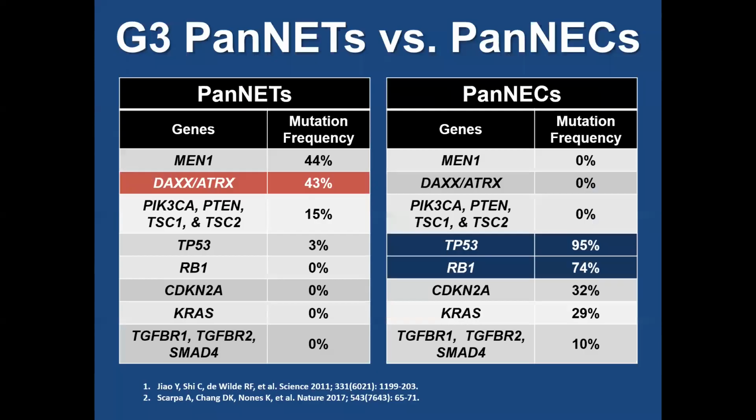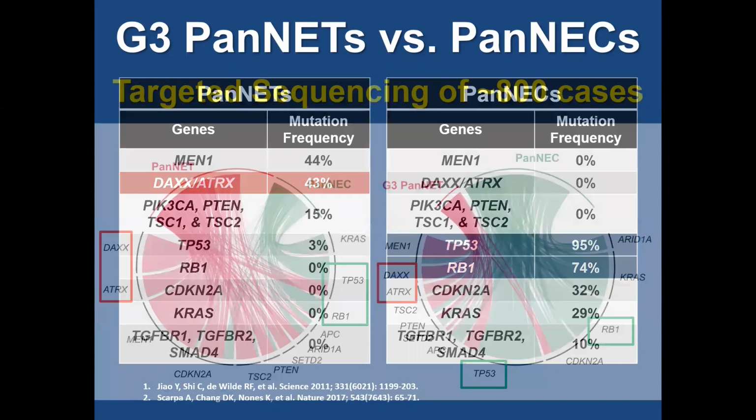The basis for the immunostains DAXX, ATRX, P53, and RB is from whole exome and whole genome sequencing results, where distinct genomic alterations were found in both neoplasms. For example, recurrent genomic alterations in the genes DAXX and ATRX are exclusively present in well-differentiated neuroendocrine tumors, while RB and P53 are almost always only present in poorly differentiated neuroendocrine carcinomas.